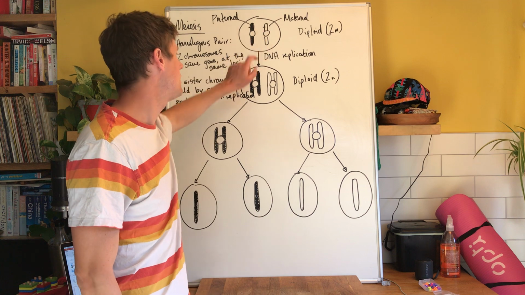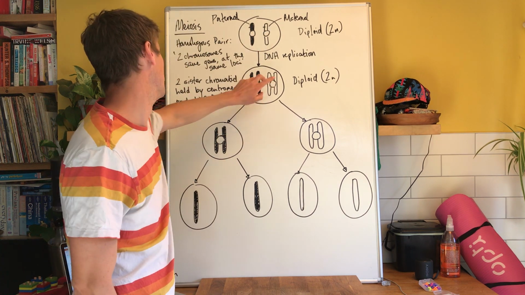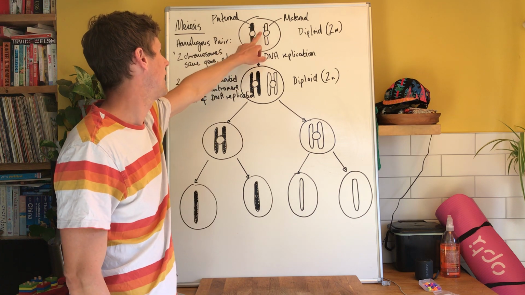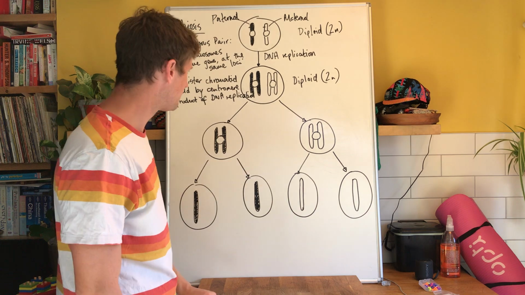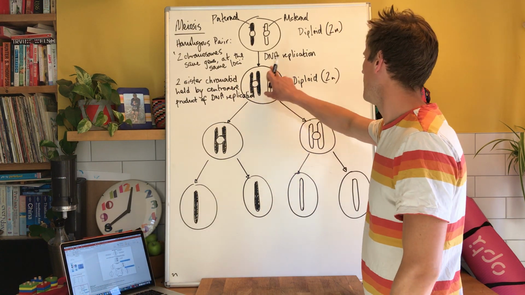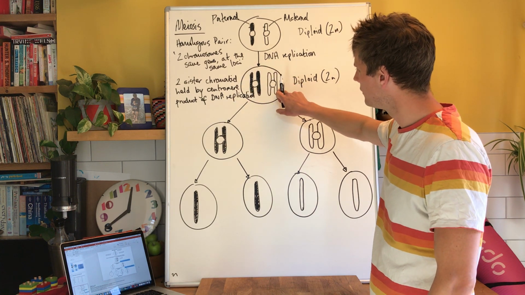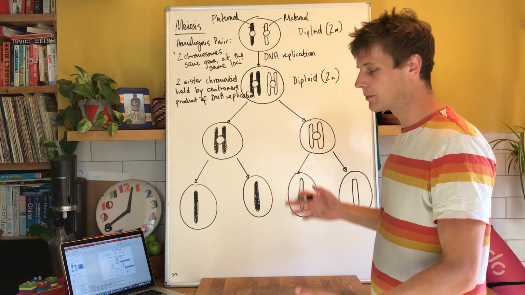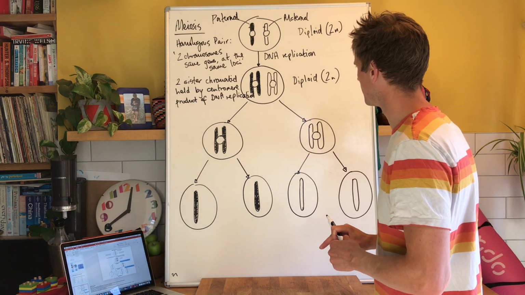So I can see 1, 2, diploid. So there's one homologous pair and a second homologous pair. Okay, and that gives us this diploid cell at the end of interphase, just before cell division takes place.